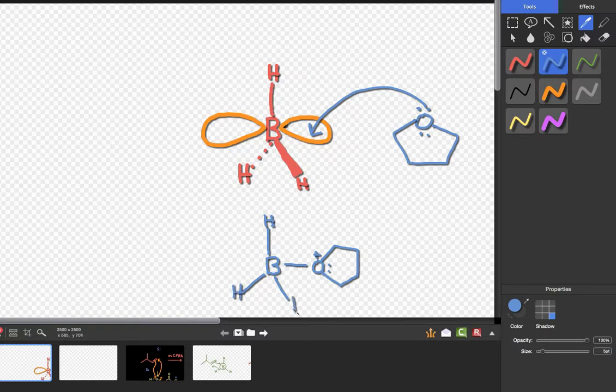This is going to be very temporary, and this helps to stabilize the borate so that now the pi bond can interact with the other empty p orbital. I doubt if that's going to be a major consideration in showing the mechanism, but realize the THF really does play an important role in this reaction besides being a solvent.